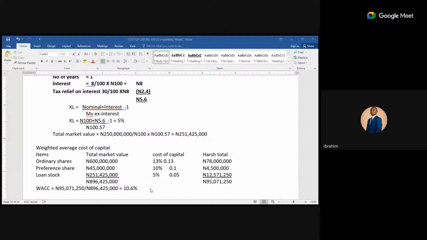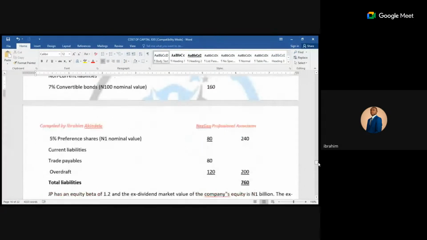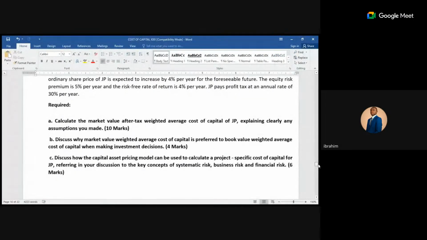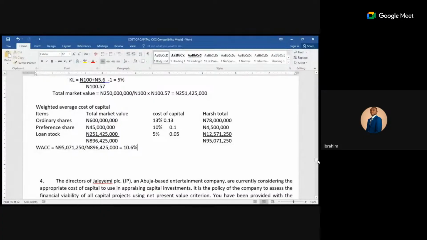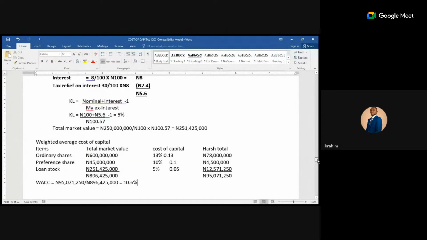It is the market value weighted average cost of capital. Or they can even tell you to calculate the weighted average cost of capital, whichever name it is. But it is actually different from the book value. There's a question that says we should differentiate between the market value weighted average cost of capital and the book value one.